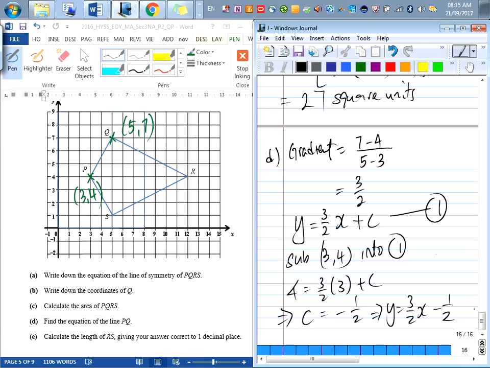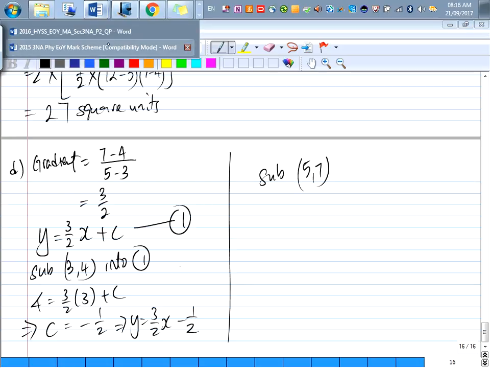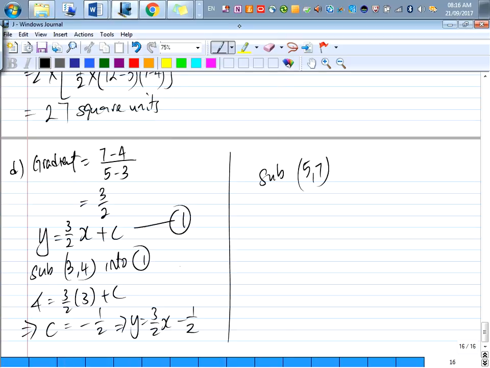Okay, so just now I said that we can choose to substitute 3, 4 into equation number 1. What happens if I were to substitute 5, 7 into equation number 1? Let's see. If I sub 5, 7, because that is also a point, right? 5, 7, also a point, into equation number 1. So 7 is equals to 3 over 2 times 5 plus c.